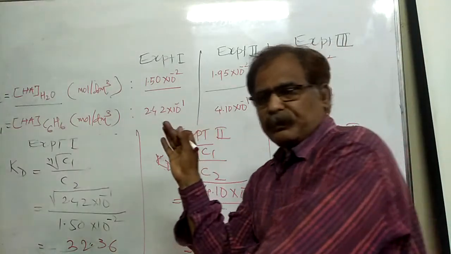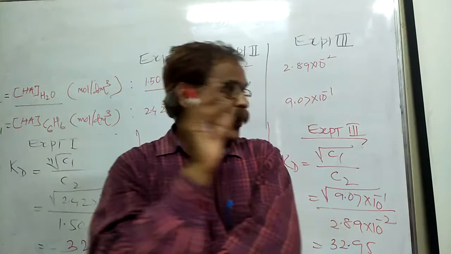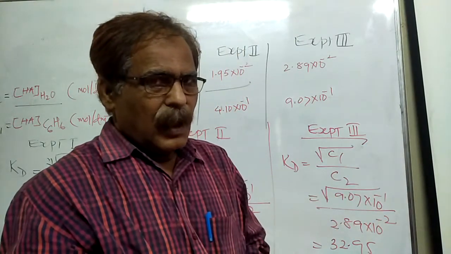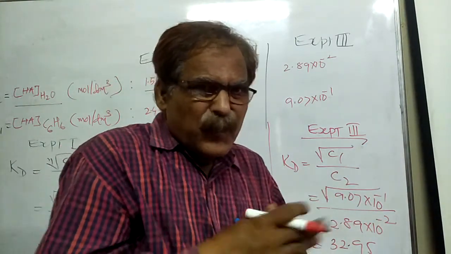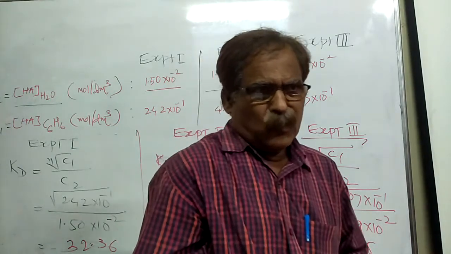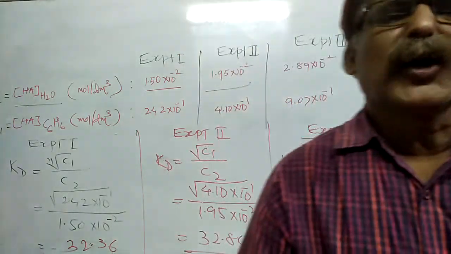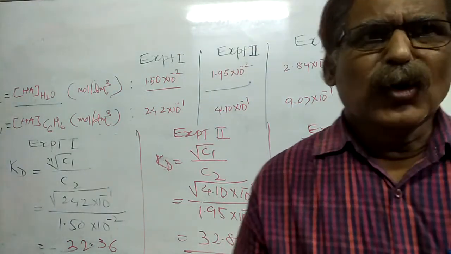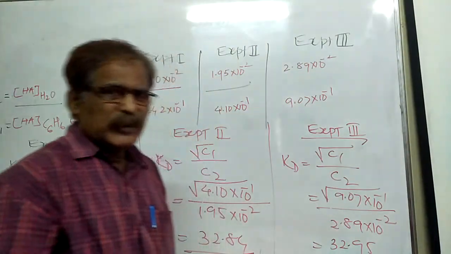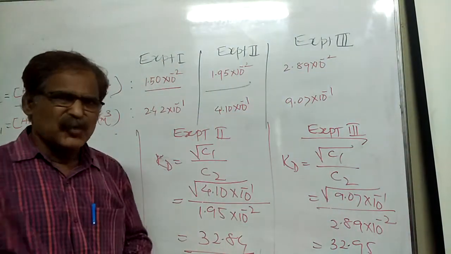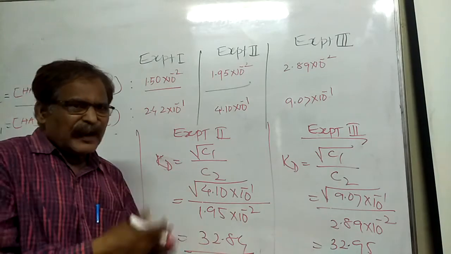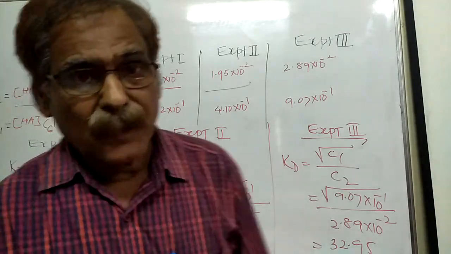In this way, we have seen how we can predict the molecular state of the molecule by solving numerical problems using normal Nernst distribution law and modified Nernst distribution law.